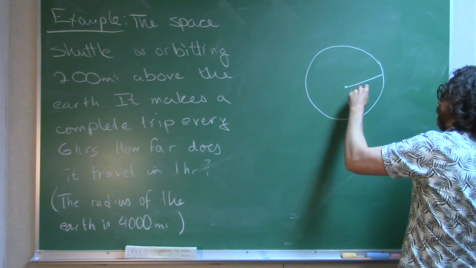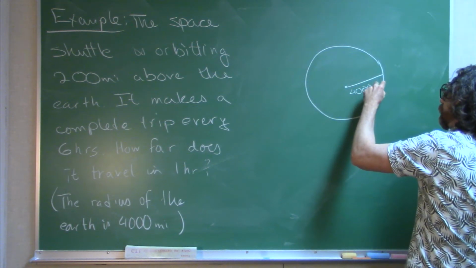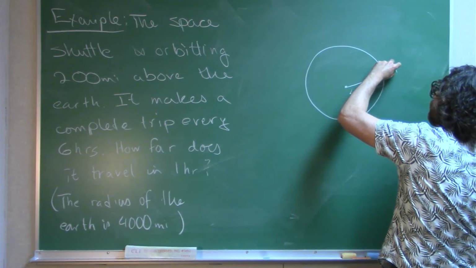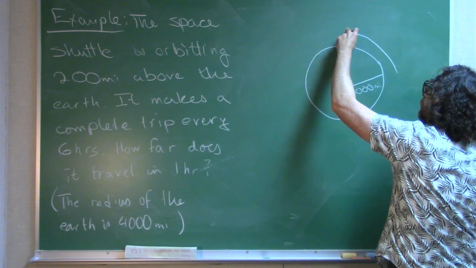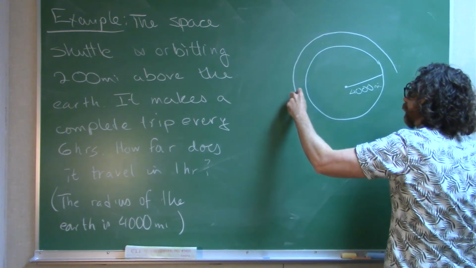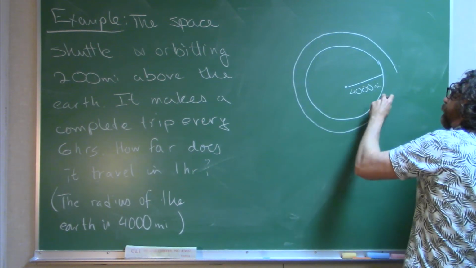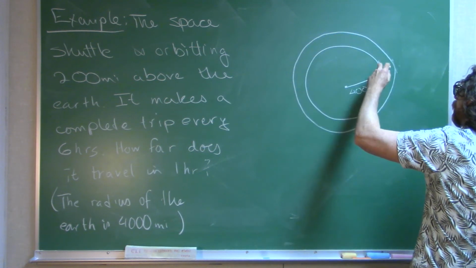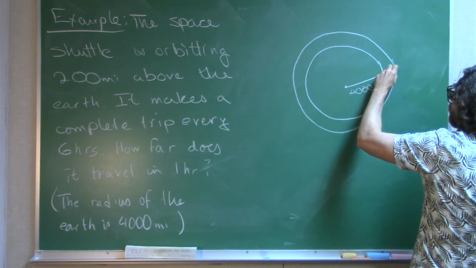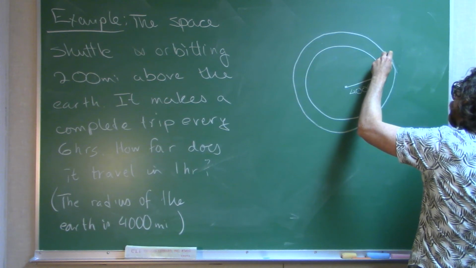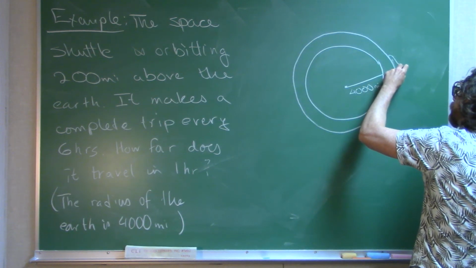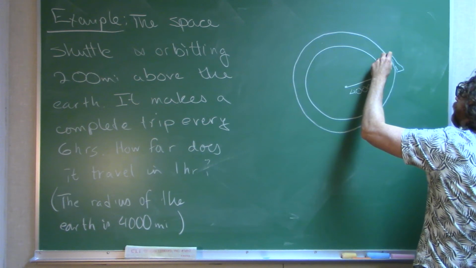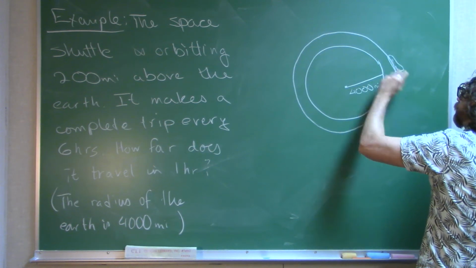That's 4,000 miles. Now the space shuttle is going around this outer circle. So I've got my space shuttle right over here. There's my space shuttle.